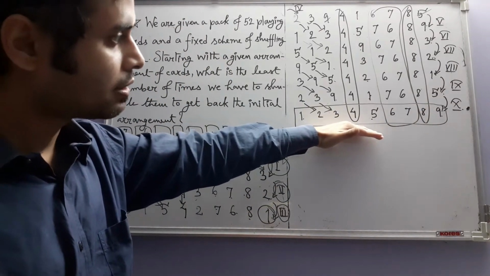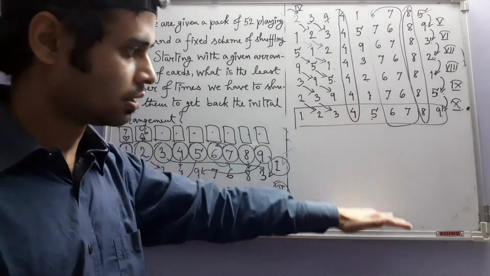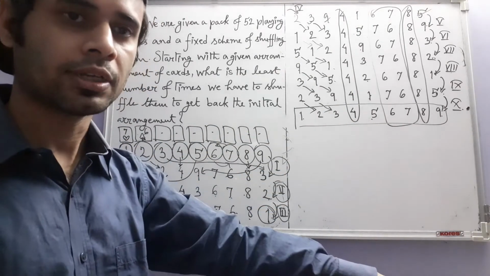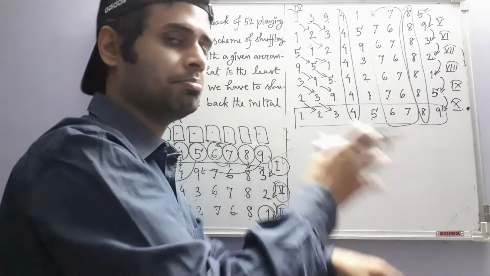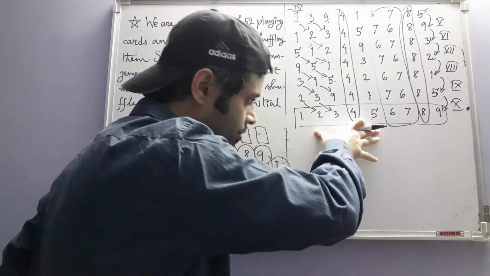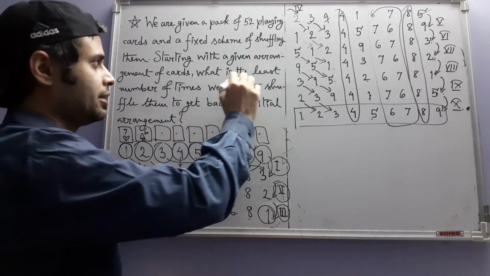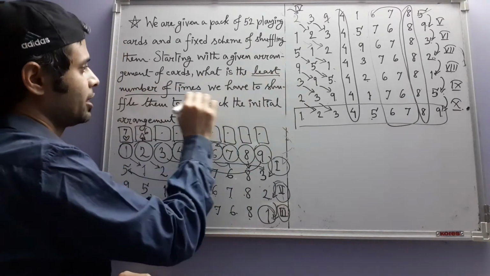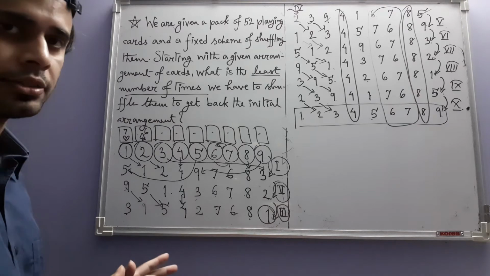I mean, we can keep on going like this. After the 20th shuffling, we will again come back to this because the same thing will repeat. Okay, well, if we keep on going like this, the same thing will repeat. But we have to find the least number of times we have to shuffle them to get back the initial arrangement.